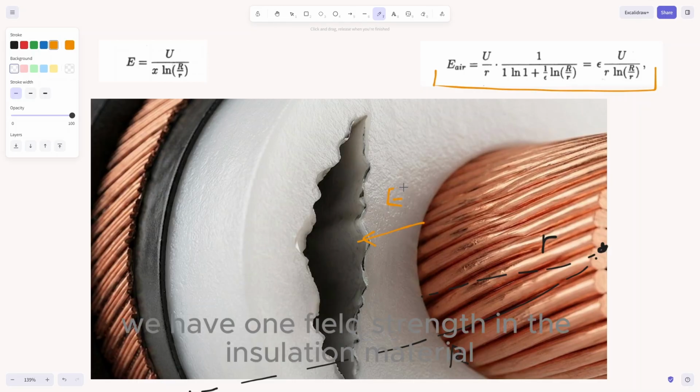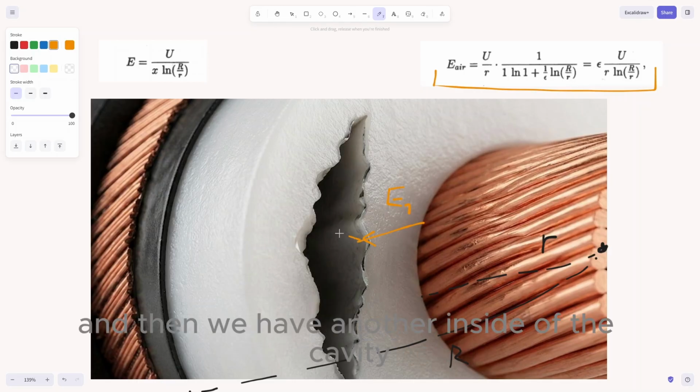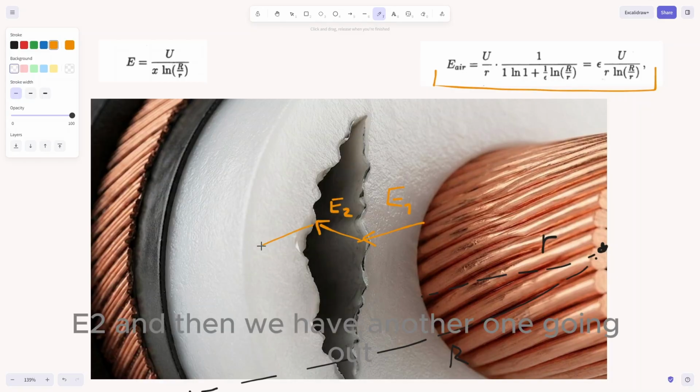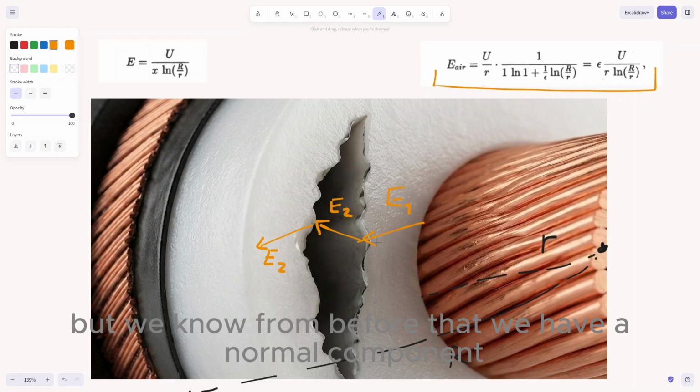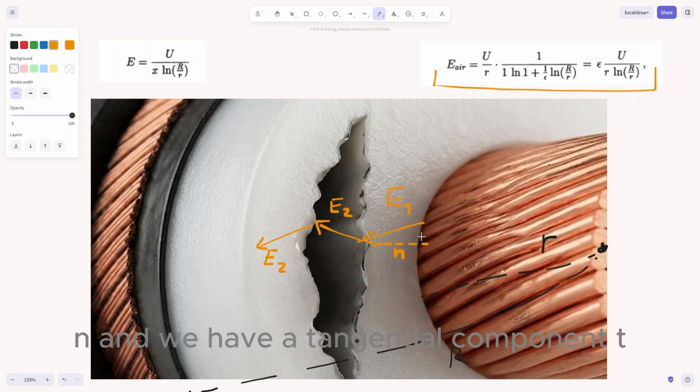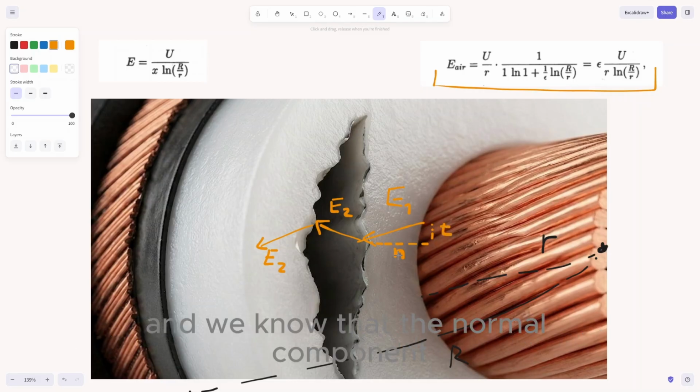So here we have one field strength in the insulation material, and then we have another inside of the cavity, E2, and then we have another one going out. I'm just drawing the lines here at random, but we know from before that we have a normal component N, and a tangential component T. And we know that the normal component is dependent on the difference in permittivity.